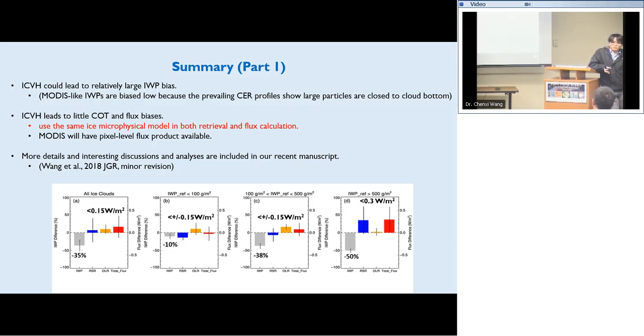They provide the uncertainty for COT and the uncertainty for particle size. So if you combine them together, I think the typical uncertainty for IWP could be about 30 to 50%, I have to say. But I'm not 100% sure about that.